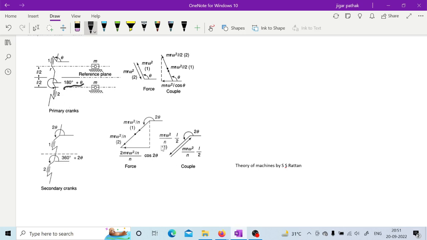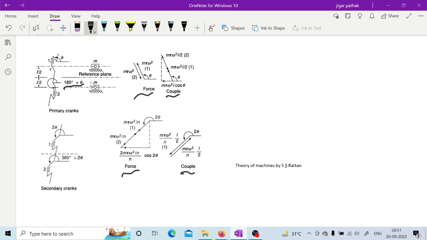Here it is the primary force and couple polygon, and here the secondary force and couple polygon. The secondary cranks are at angle 2 theta, as you can see, and the primary cranks are at angle theta.